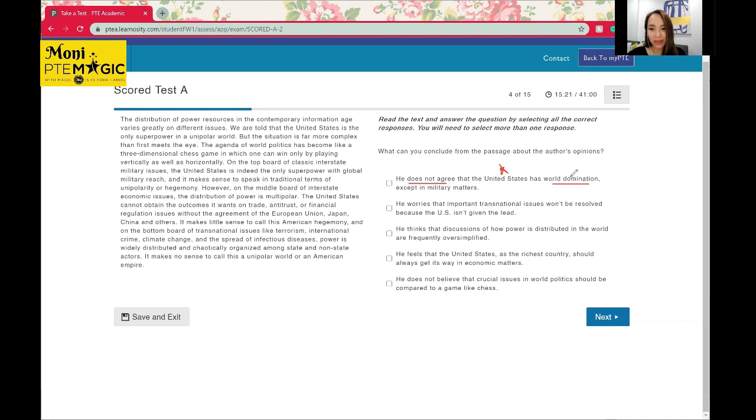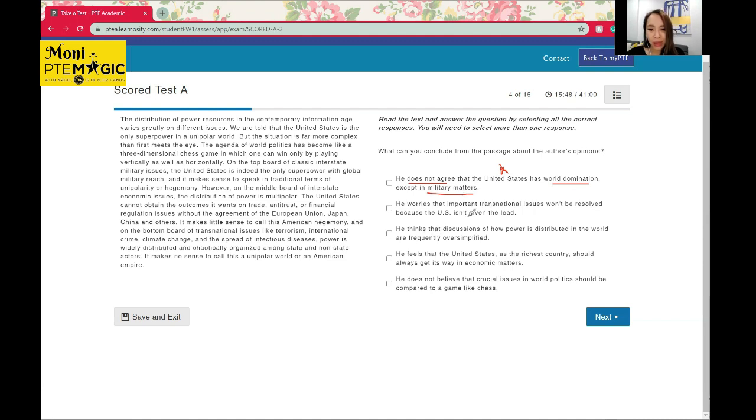The structure of the sentence is a bit complicated. So it means that he thinks the United States doesn't have world domination except in military matters. So in terms of military, the United States has domination, but not in other aspects, maybe not in the economy, not in technology.